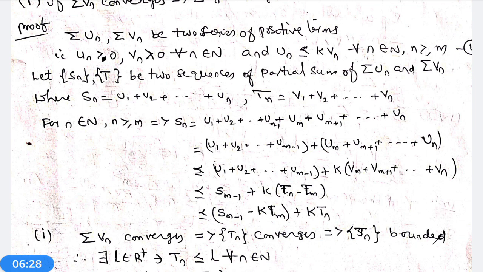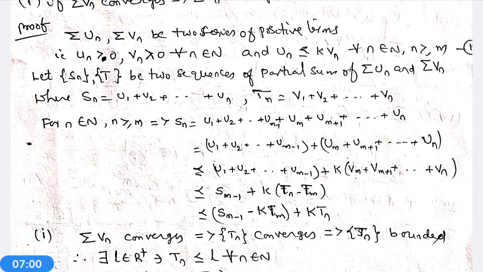Therefore, there exists a real number L belongs to R plus such that Tn is less than or equal to L for all n belongs to N. Therefore, Sn is less than or equal to S(m minus 1) minus k Tm plus k L. This implies the sequence Sn is bounded.